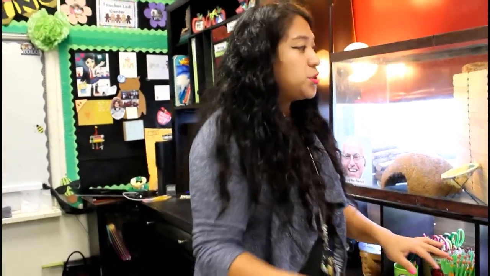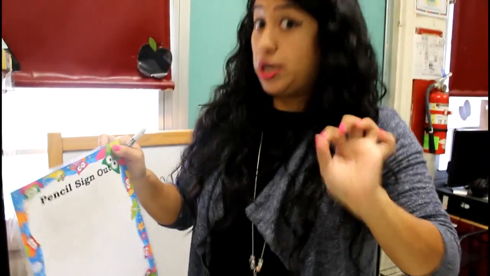So what I do is, I am very, very strict about this. I'm not very strict about a lot of things, but this to me, I even assign a student a job and everything. Like, hey, John, your job is to distribute pencils in the morning, and right before we switch or leave, you're gonna pick them up.